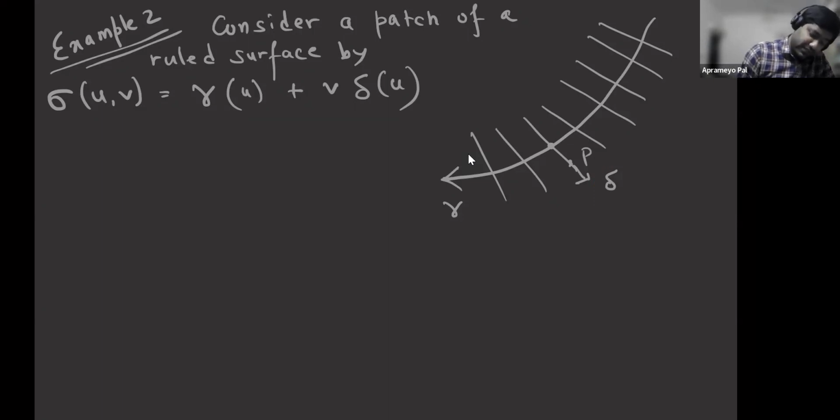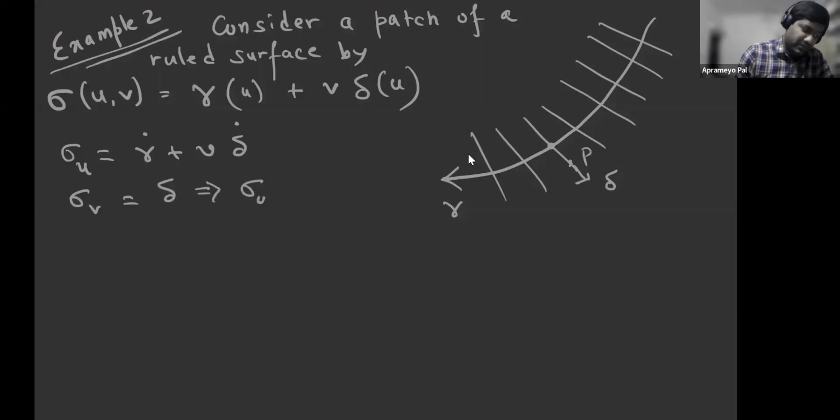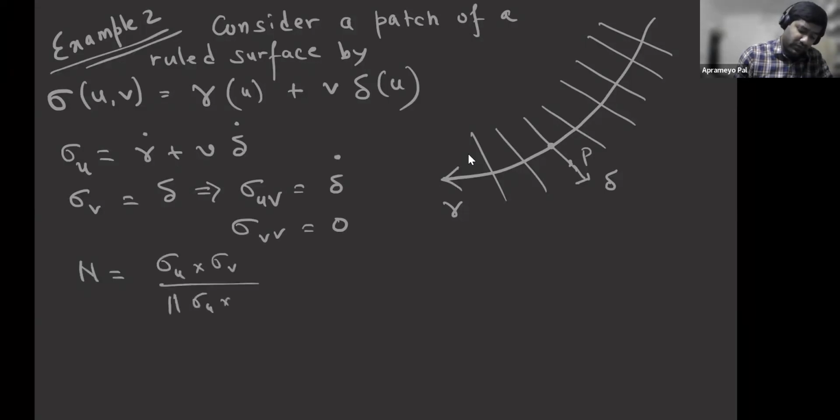Nice. Once you consider this one, then again we compute all the derivatives. So essentially, what is sigma u? Sigma u is gamma dot plus v delta dot. Sigma v is actually nothing but delta. So this implies sigma uv is actually delta dot, and sigma vv is 0. And this will give you n is sigma u cross sigma v divided by the norm of sigma u cross sigma v.